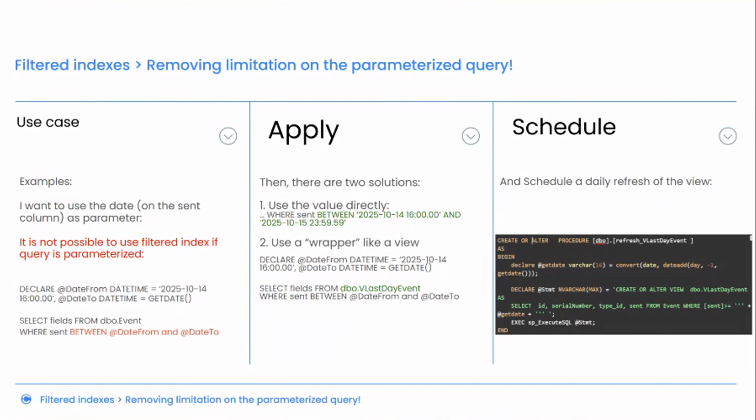This would create the view instantaneously and it would be usable in your code, so that when you use a parameterized value, select the columns from the view where sent between a variable and a variable, for example, it would use the filter index, and it would be very fast as well.